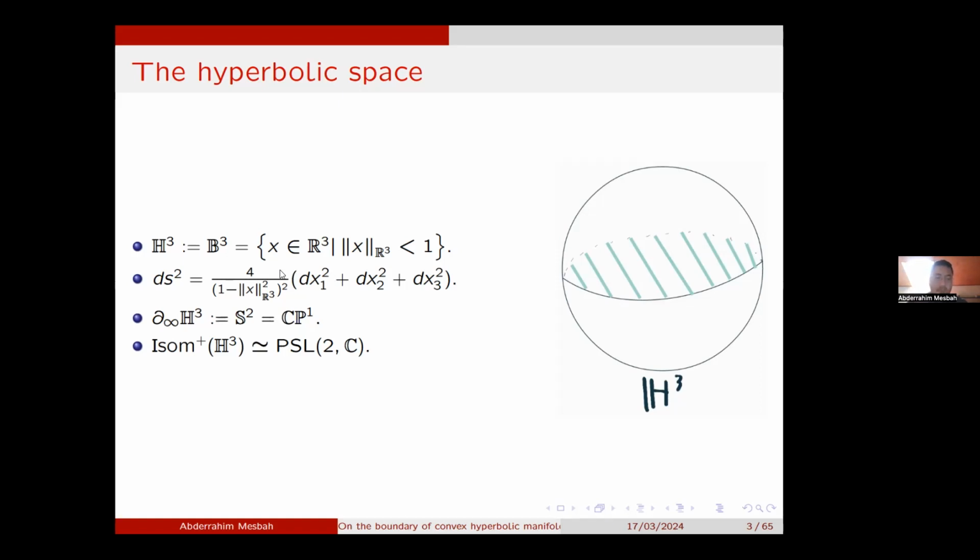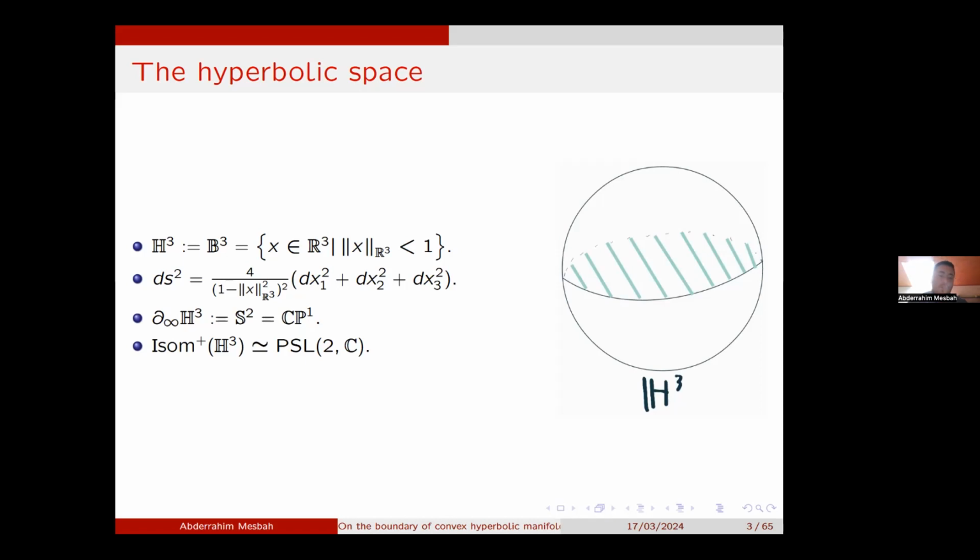And since the conformal factor is equal to infinity on the boundary, the metric doesn't extend to the boundary of the ball, which is S2. But because it is conformal to the Euclidean metric, it induces a conformal structure on the boundary.